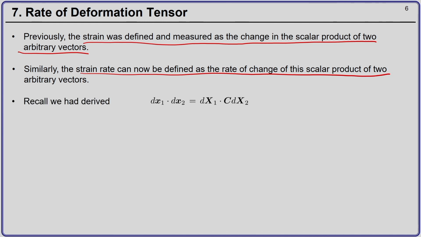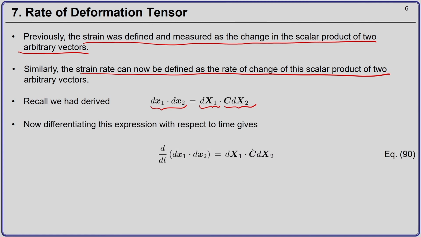Okay. So, recall that we had derived that the scalar product of the spatial vectors is nothing but dx1, that is the material vector dx1, dotted with C times dx2, where C is the right Cauchy Green tensor and C is F transpose F. Now, taking the material time derivative on both the sides, d by dt of dx1 dot dx2, and on the right hand side, since dx1 and dx2 are the material vectors, they are fixed, they are known.